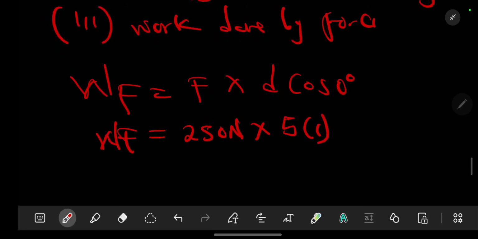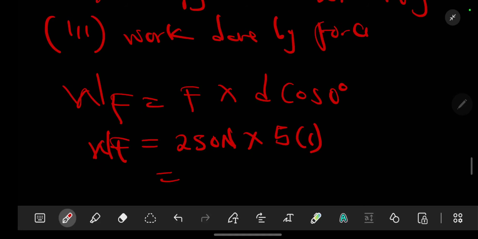Cos of 0 is 1, so 250 times 5 is equal to 1250 joules. This is the work done by the force.